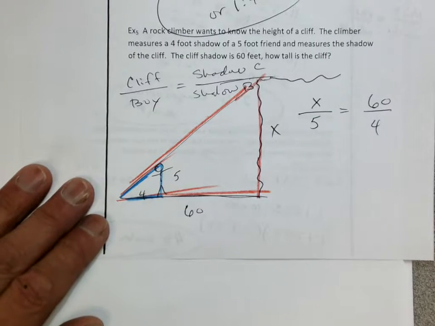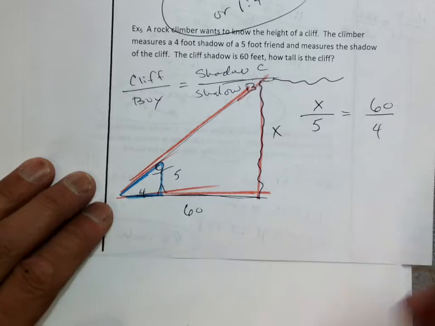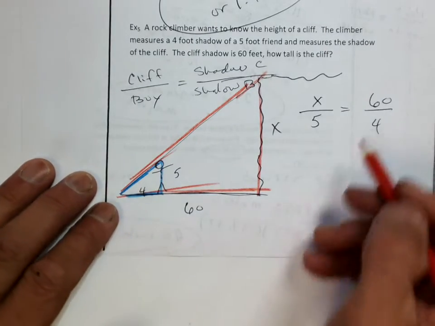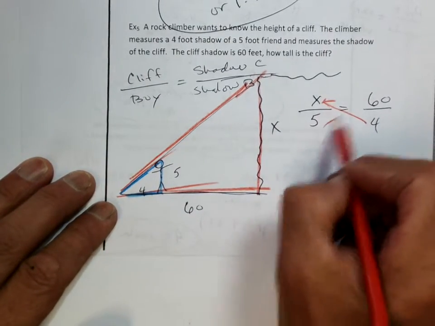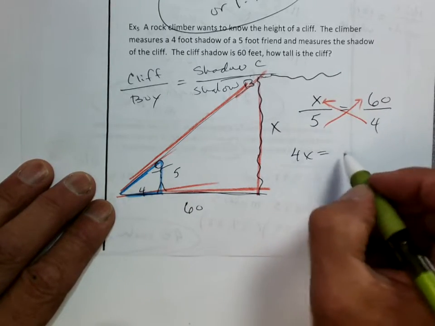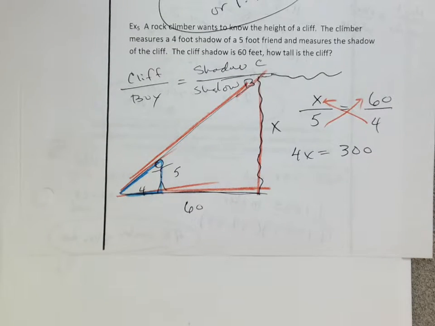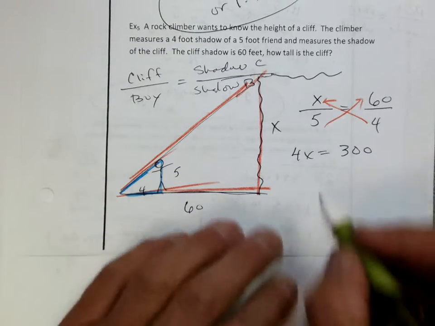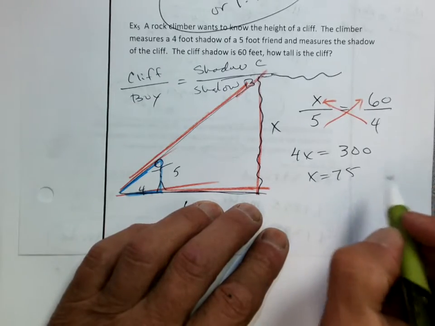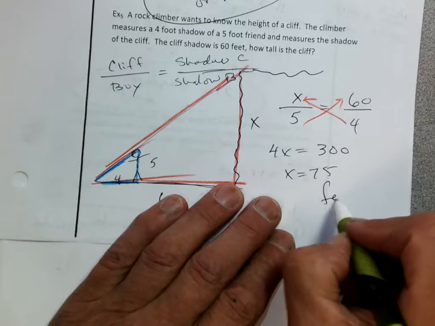So using words. Sorry, it's such sloppy handwriting. But, you know, be consistent. Then just cross multiply, right? Remember, cross multiply that times that times that. So 4x equals 300, right? If I cross multiply, 75, right? Yep. X equals 75, and that's in terms of, is it feet? Yeah, feet. It's got to be feet.